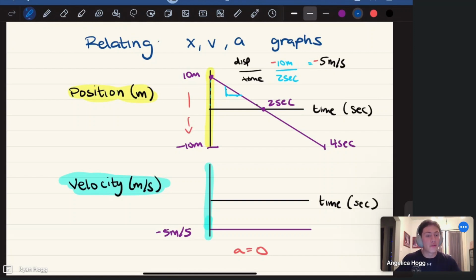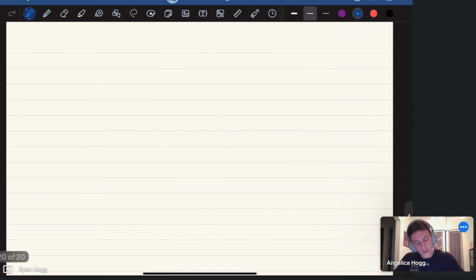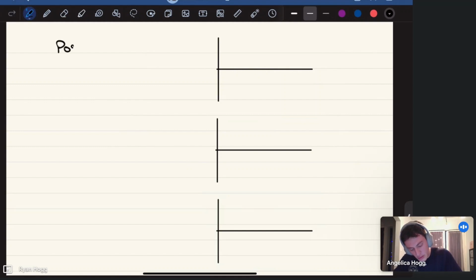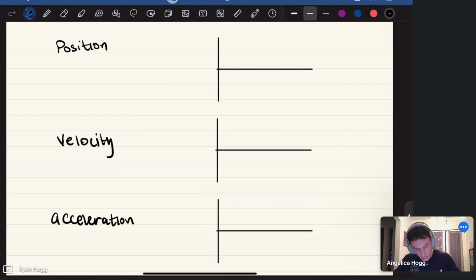And then now let's look at a little more complicated of an example. If we have, again, the same graphs, we have position up here, and then we have velocity and acceleration. And our distance unit was meters.